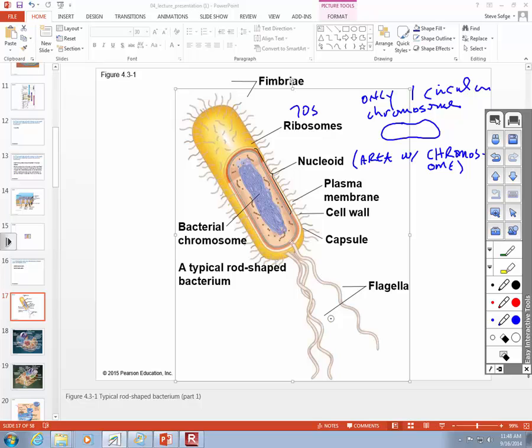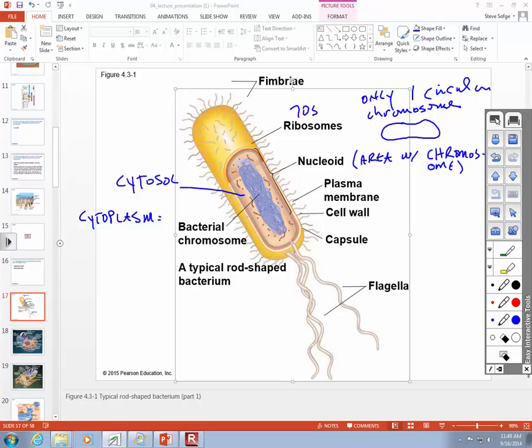Other than that, you do have a fluid in here, which I don't see that they've listed, but the fluid is the cytosol. Cytosol means cytoplasmic solution. Now, if you say cytoplasm, that's different. Cytoplasm equals the cytosol plus any organelle that you have. Really the only organelle we have here is a ribosome. The DNA is not an organelle.